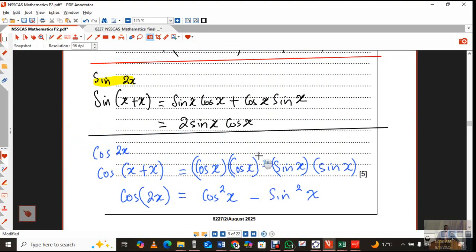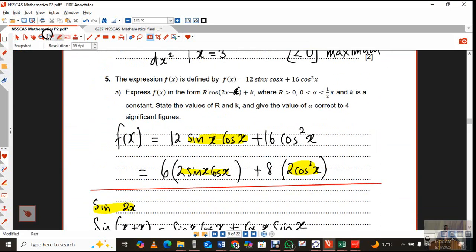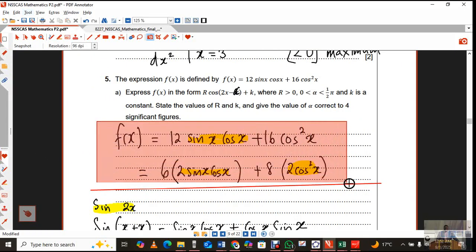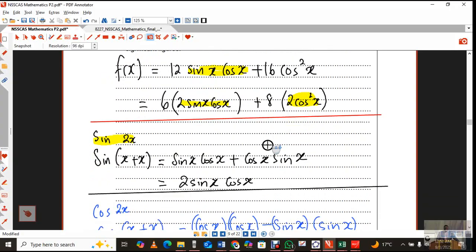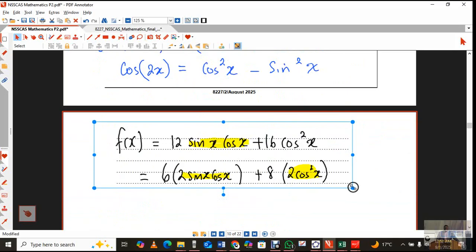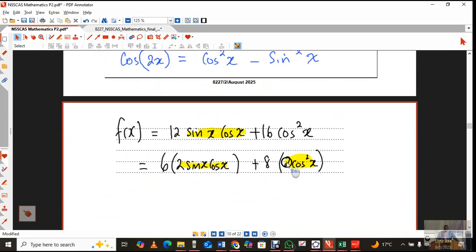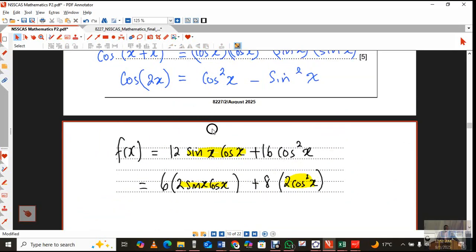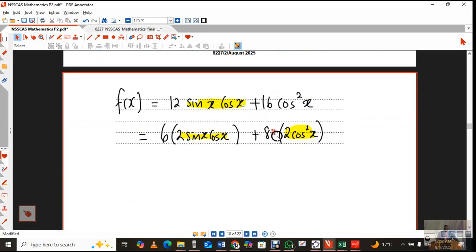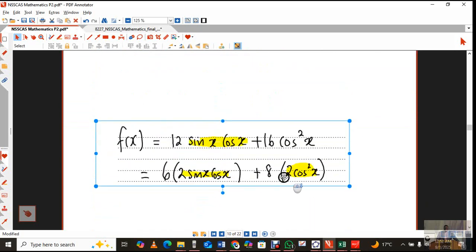Okay, so I'm going to bring back this part that I have done, and paste it over here so that I can continue with it. And remember, I was working with cos 2x here, but this is not the only form. In fact, let's just go down.